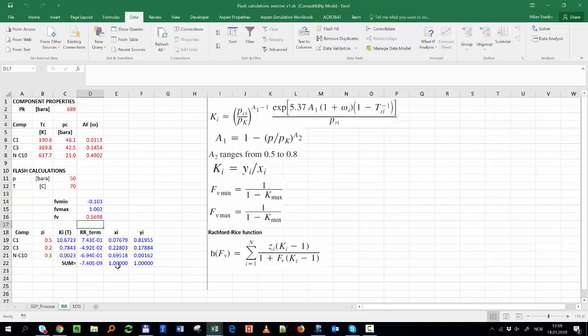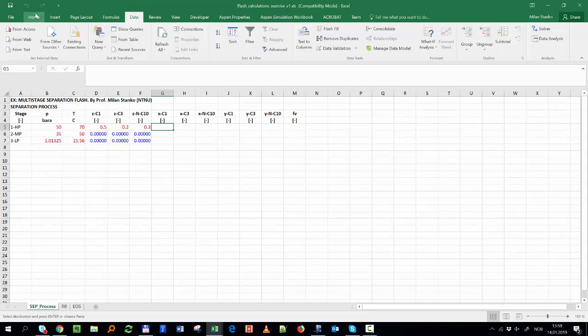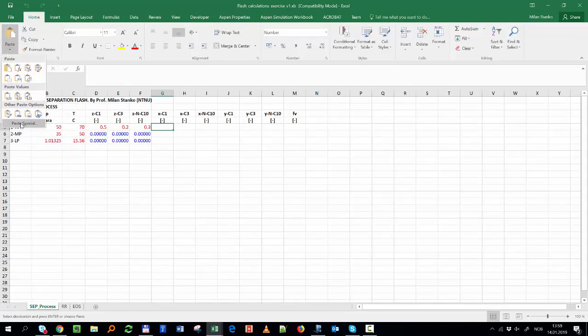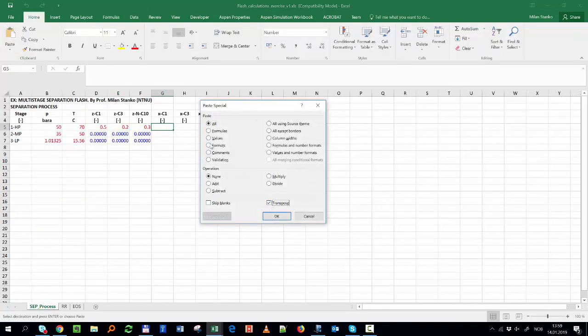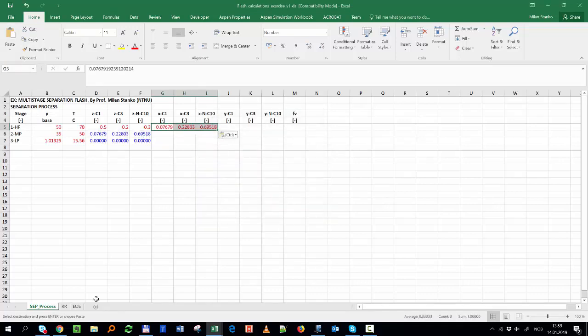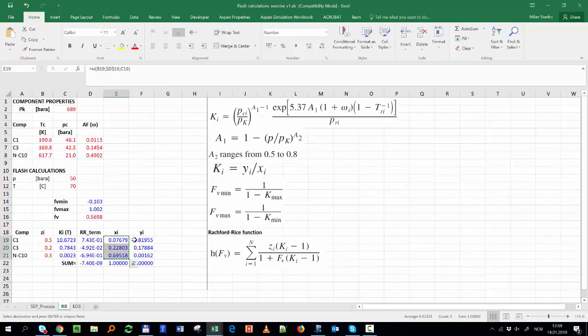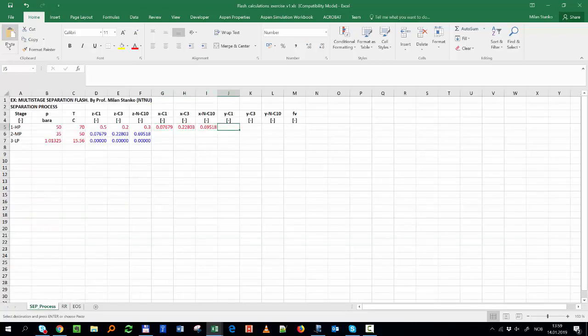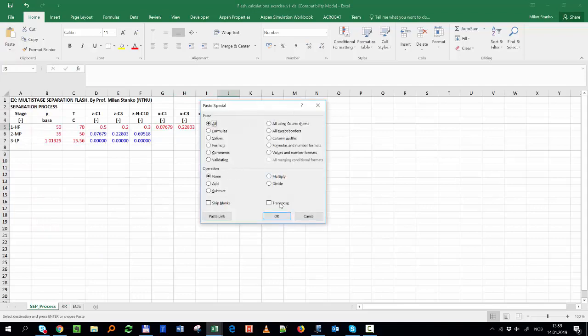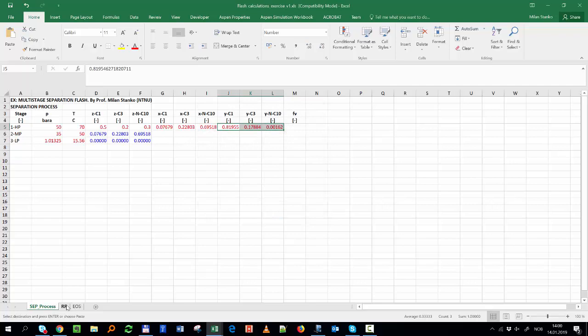So now what you have to do for the exercise is copy that. So xi, you're going to copy here. Let's transpose values. And you have to copy this one, and the FB, which is here.